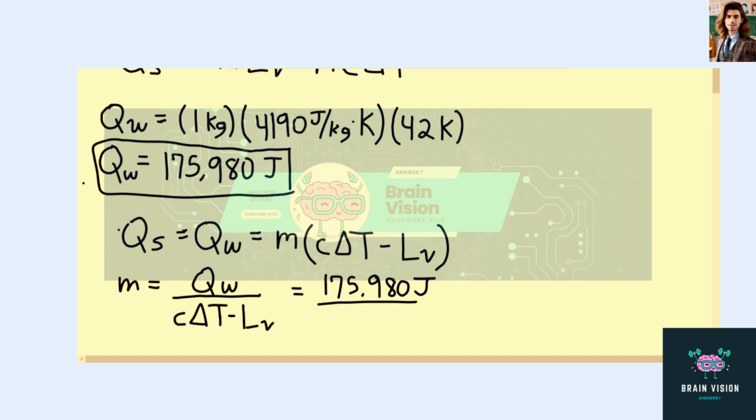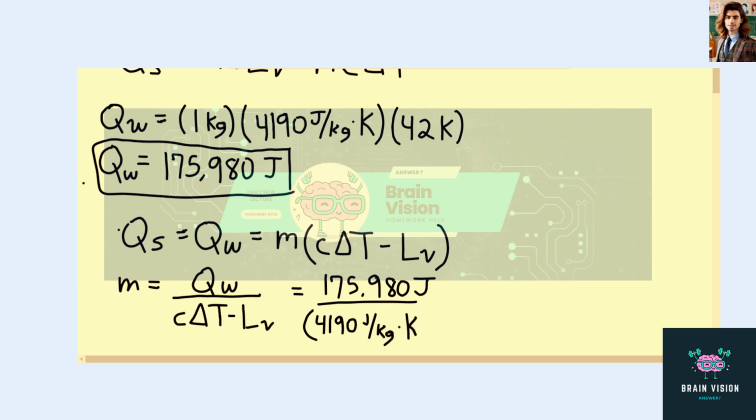Then we have the specific heat of water still, since steam is just another form of water: 4190 joules per kilogram Kelvin.